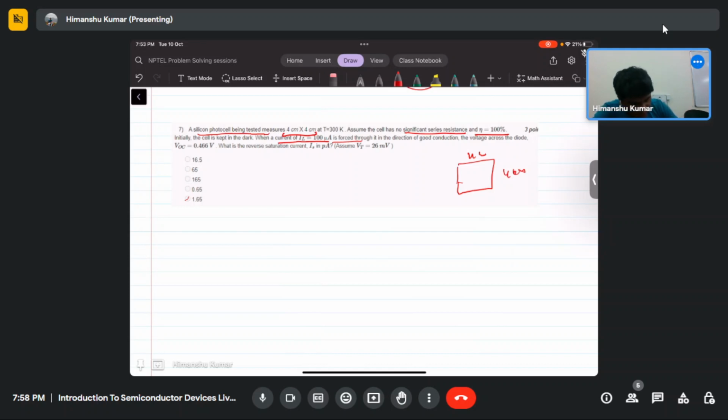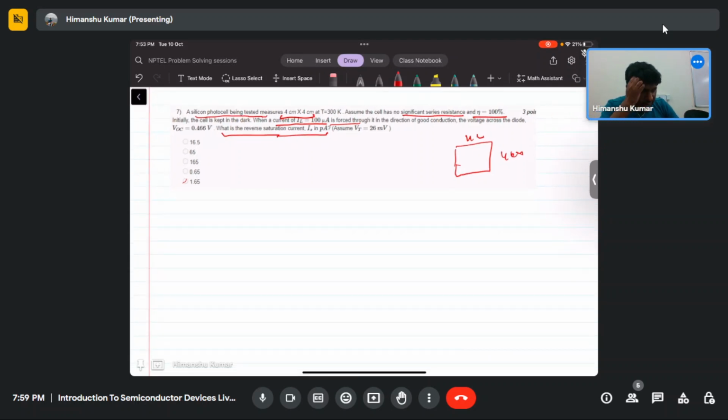So what is the reverse saturation current in pico ampere? The total current is given as I total equals minus IL plus IS times exponential of VBE by KT minus 1.